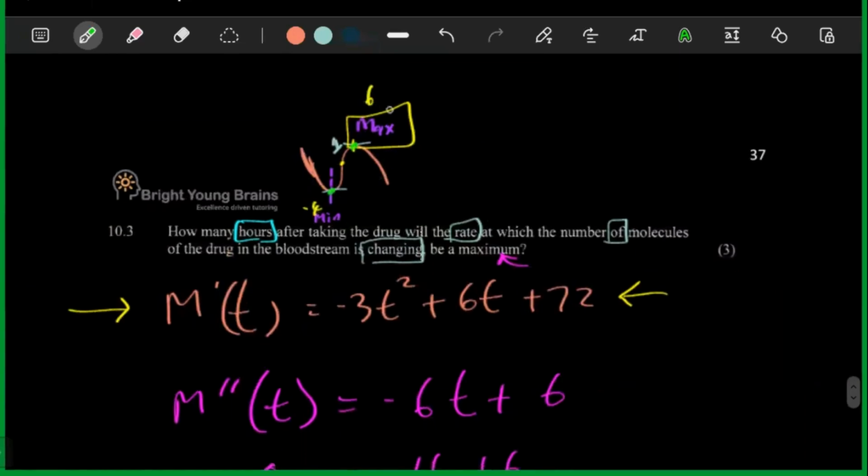So between negative 4 and 6, we know you're going to get the 1. Because the point where you have the maximum of the rate of change equation is the point of inflection, and the point of inflection is always in between the two turning points of whatever graph you'll be dealing with.